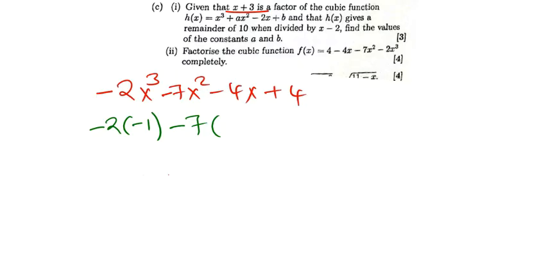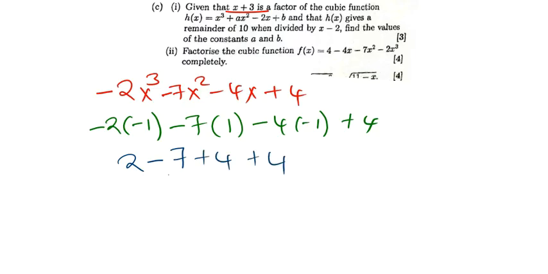Here it would become a positive. There it would remain a negative. So we're going to have 2, +2, -7, +4, +4. This is a -5. Of course, this is not giving us a 0.